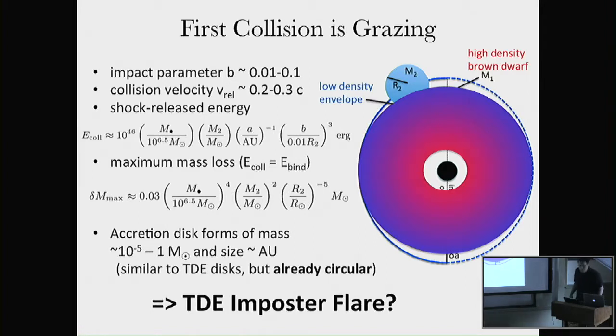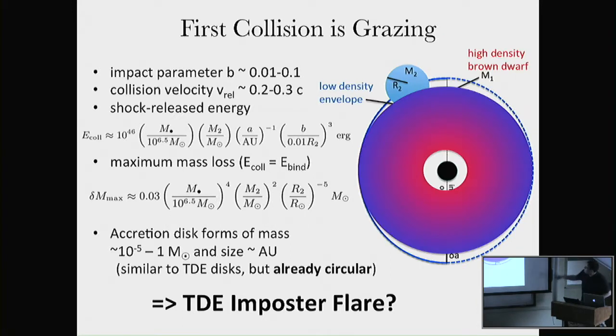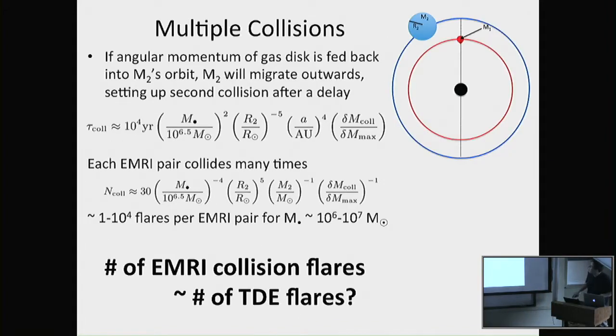Okay. And so you might say, well, why do I care? Since these types of EMRIs, as I mentioned at the beginning, are probably 1,000 times less common than normal TDEs. Well, the idea is that a single one of these two binaries could actually do this multiple times. So the speculation is that if the mass is stripped off from this collision, and that angular momentum ends up going back into the angular momentum of the outer binary, you can ask me why that might be the case after, it will cause its orbit to expand, because it's losing mass but keeping that angular momentum.